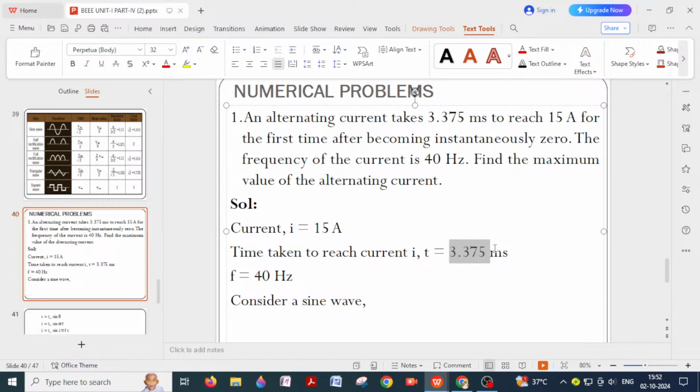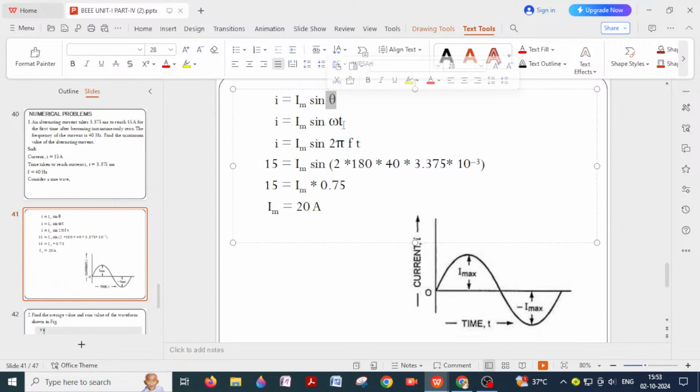For a sine wave, we know the current equation: i equals Im sin theta. They have asked us to find the maximum value, which we don't know, so replace theta by omega t. Omega means 2 pi f.